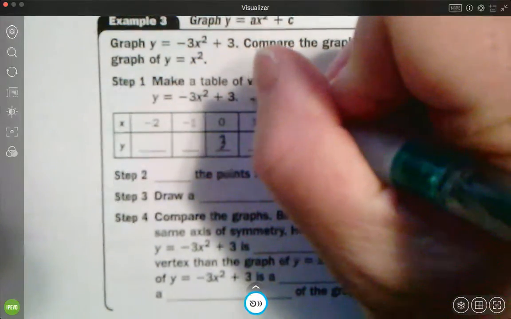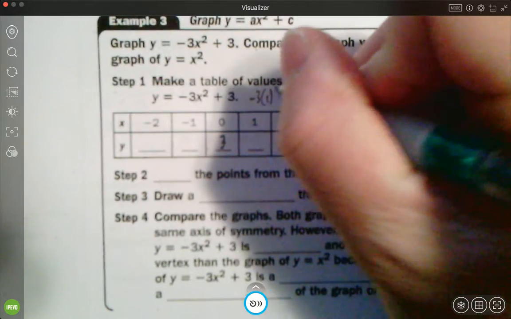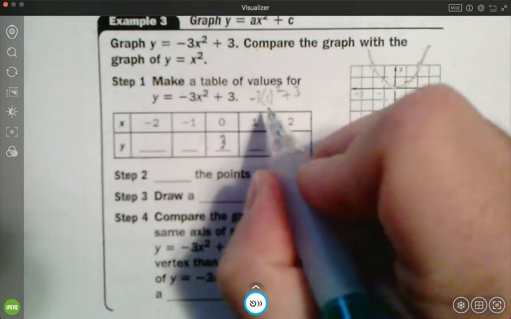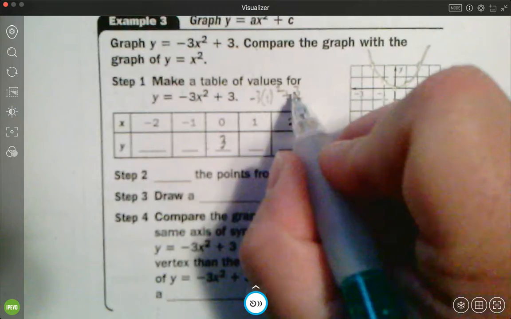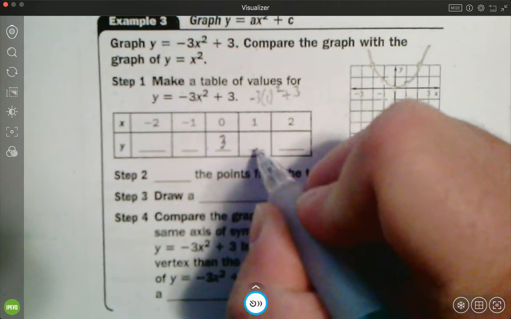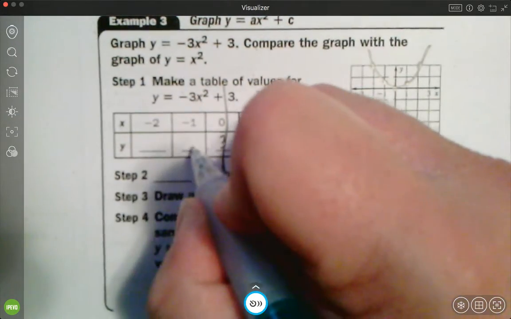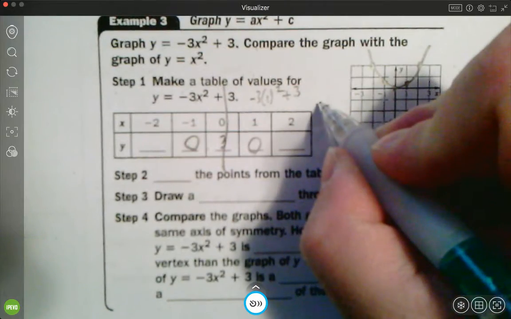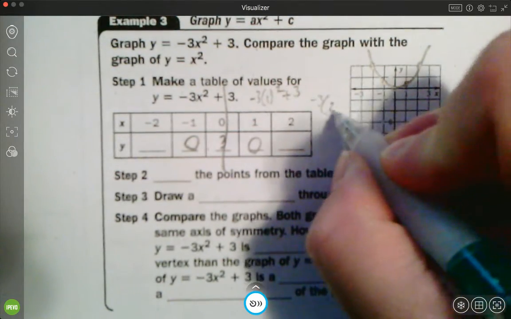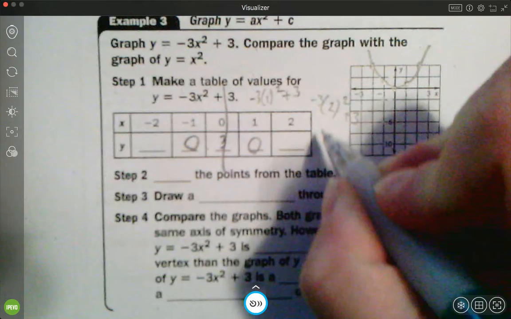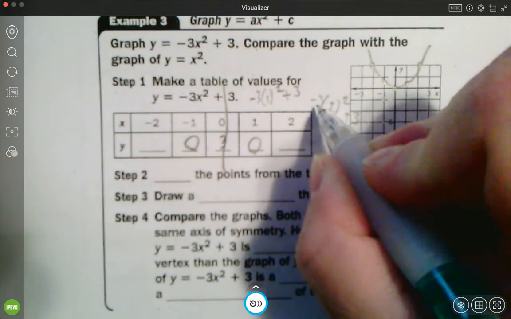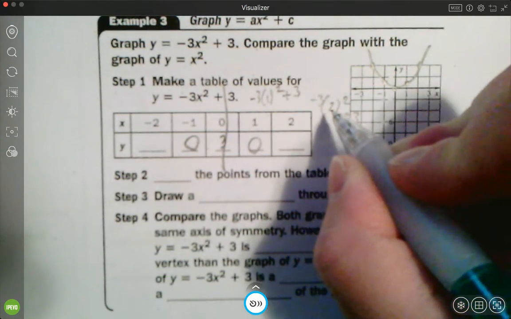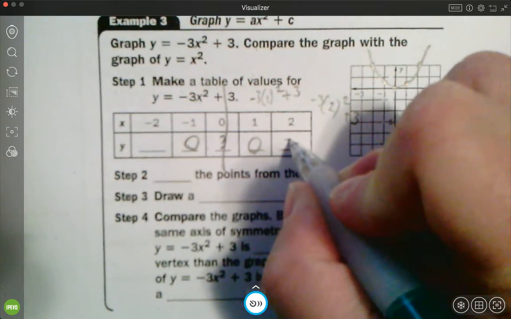So if I put this in, negative 3 times 1 squared plus 3 is going to be negative 3 plus 3. This one's going to be 0. So again, my line of symmetry, that's 0. Then I do negative 3 times 2 squared plus 3. That's 4 times negative 3 is negative 12. Plus 3 is negative 9.